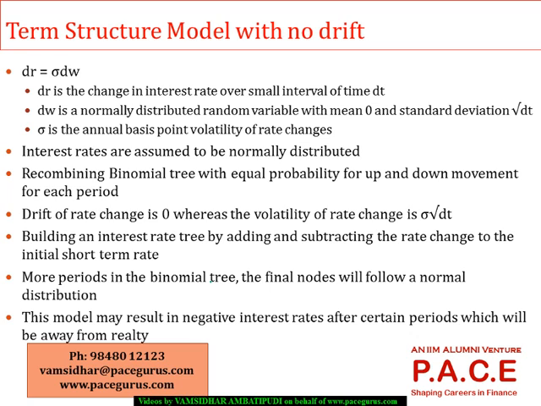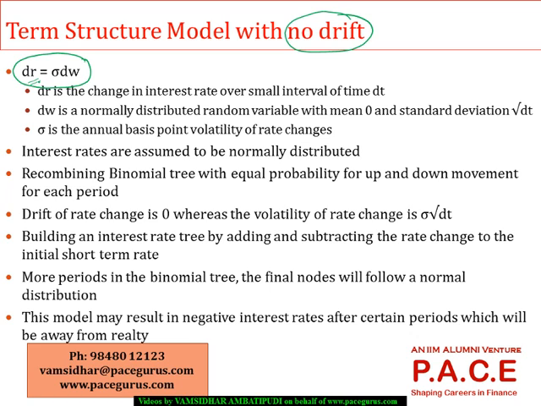The first of them is generating a term structure model without any drift. Now in this model, the way we generate the interest rates from period to period follows this kind of equation.